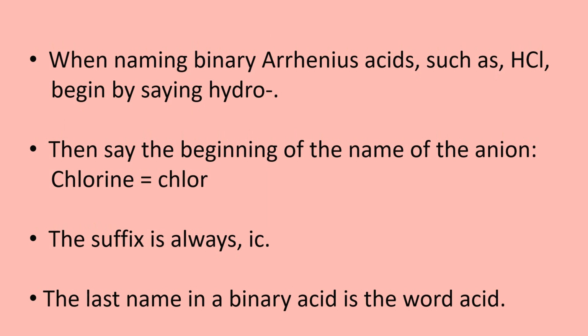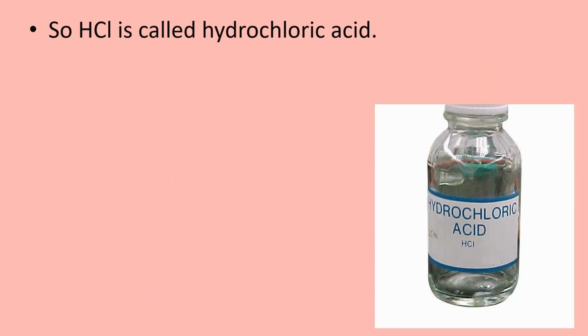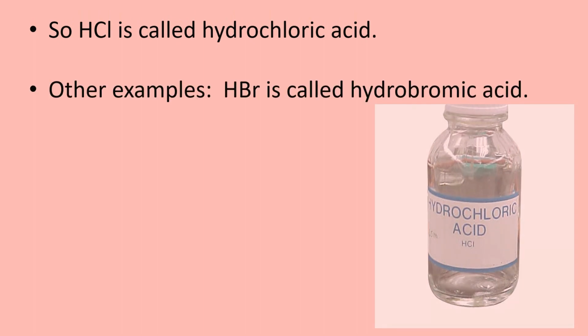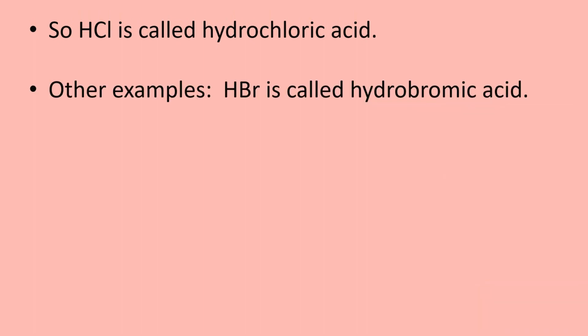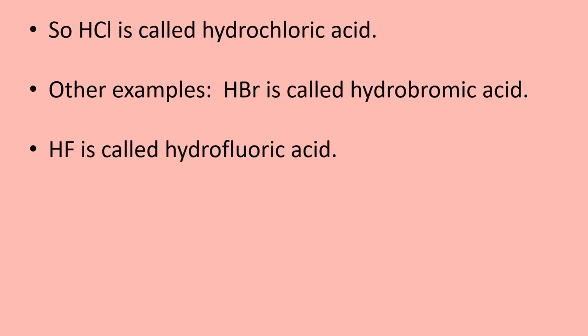And the last name in a binary acid is the word acid. So the compound HCl is called hydrochloric acid. Other examples of binary Arrhenius acids include HBr, hydrobromic acid, and of course HF, which is called hydrofluoric acid.